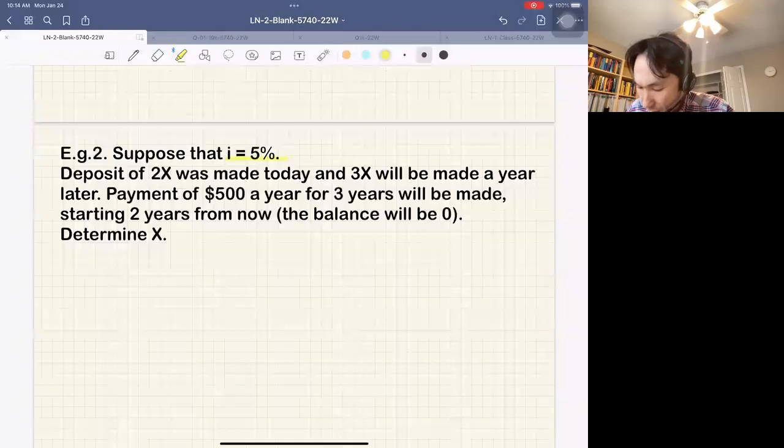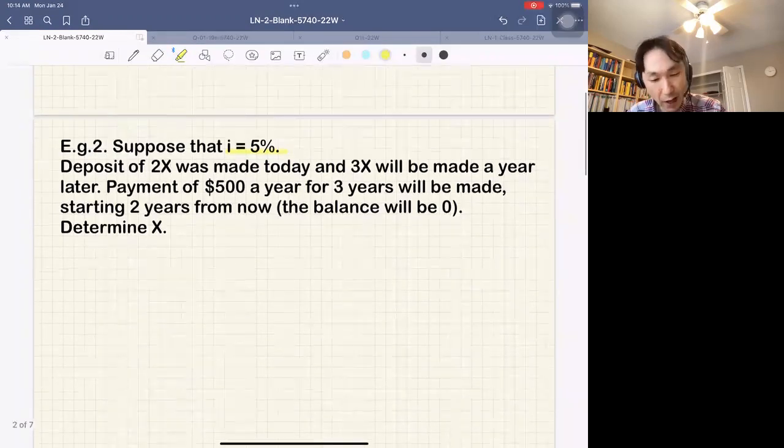And payments of $500 a year for 3 years will be made starting 2 years from now. Then the balance will be 0. So determine x. We make the deposit of 2x, after a year 3x. Then after that, we withdraw $500 3 times, once a year. Then the balance becomes 0. Then we would like to calculate x.